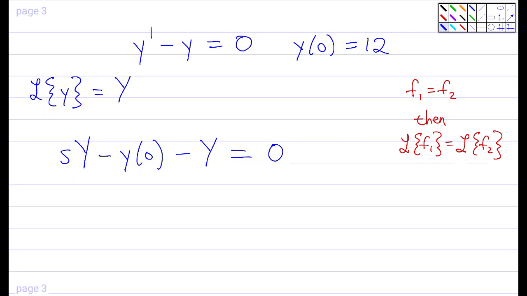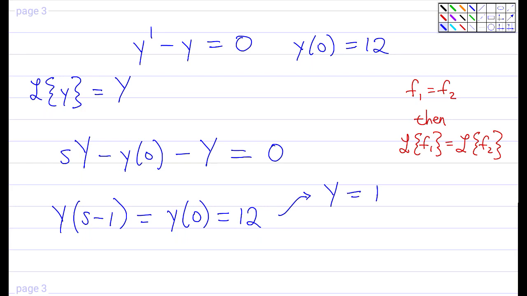Okay, Y times s minus 1, and I'm going to put the y of 0 on the other side. I can actually put that in right now. It's 12. Okay, what do we do with that? Solve for Y, and I get 12 times 1 over s minus 1.